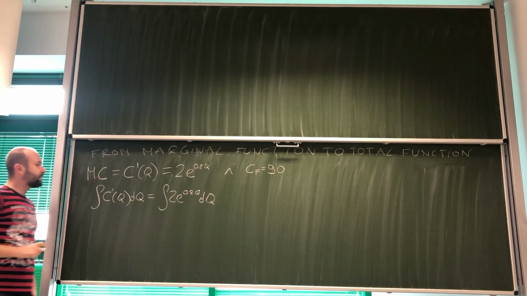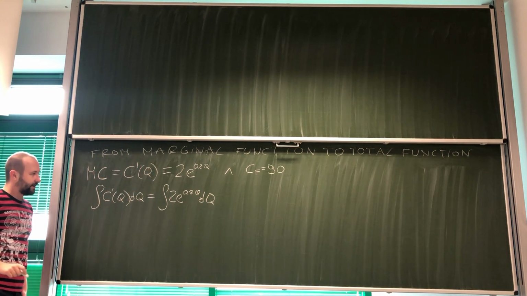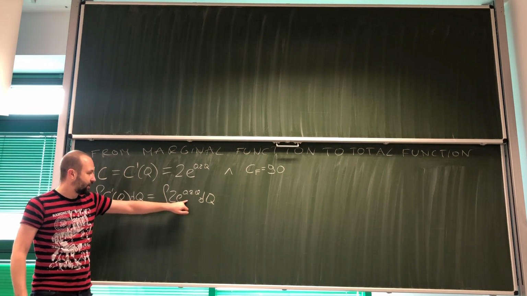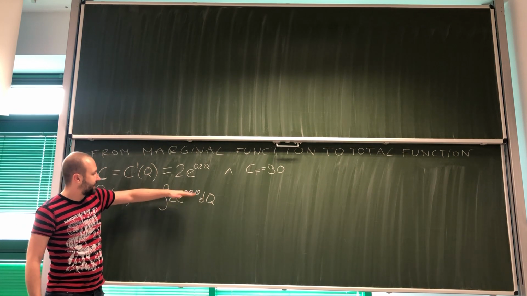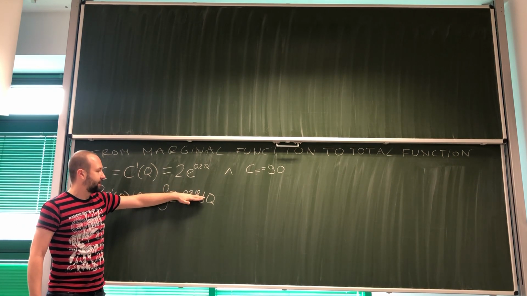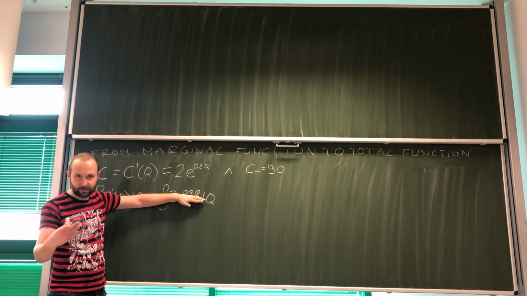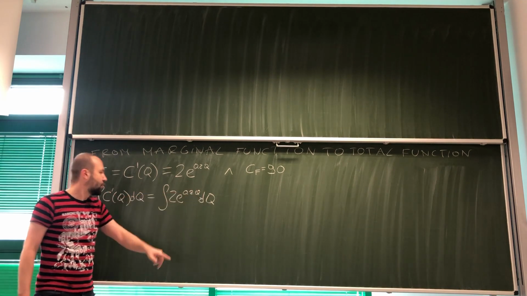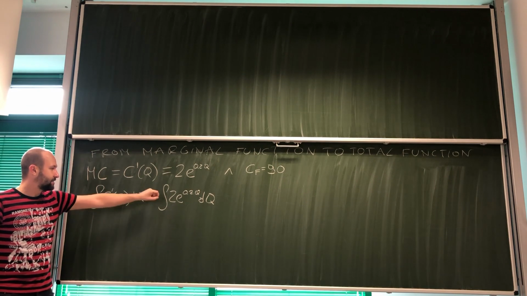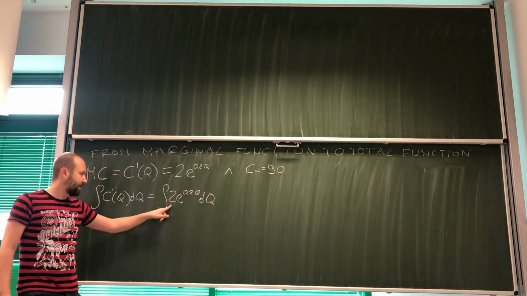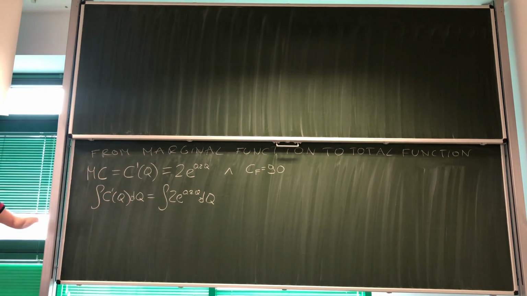Every time we want to integrate an expression with e, what we want to have over here is the derivative of the exponent. If I differentiate the exponent with respect to q, I'm going to get 0.2. So I want to have 0.2 over here. Now, what do I need to take out of the integral to have 0.2 here? This is very easy.